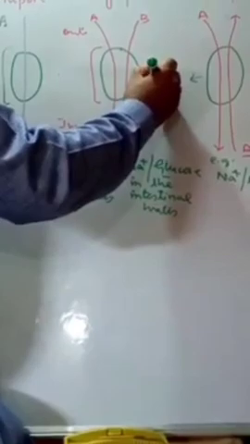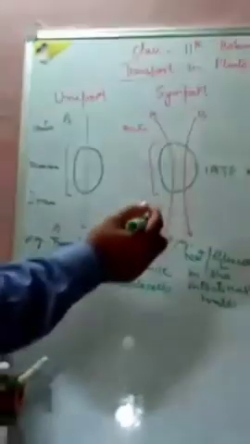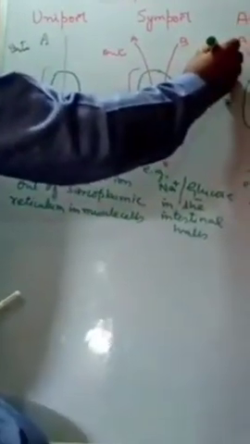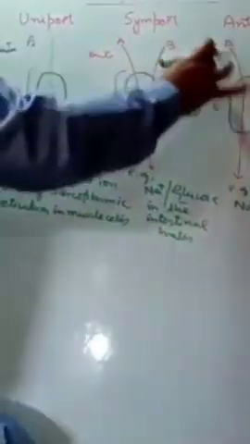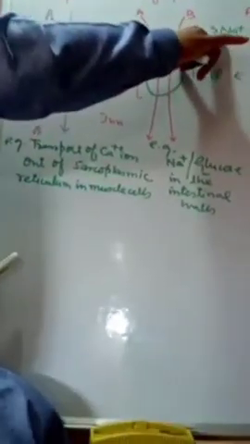With expenditure of 1 ATP molecule, 3 sodium ions are pumped out of the cell in exchange of 2 ions of potassium.